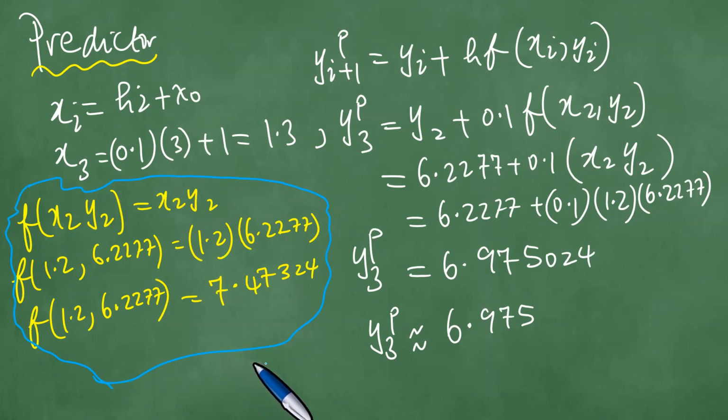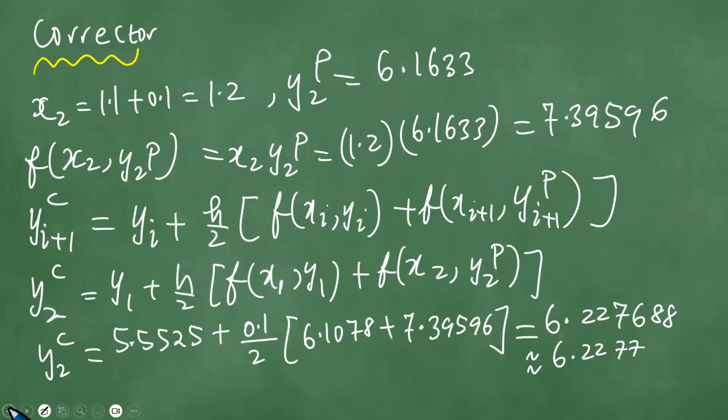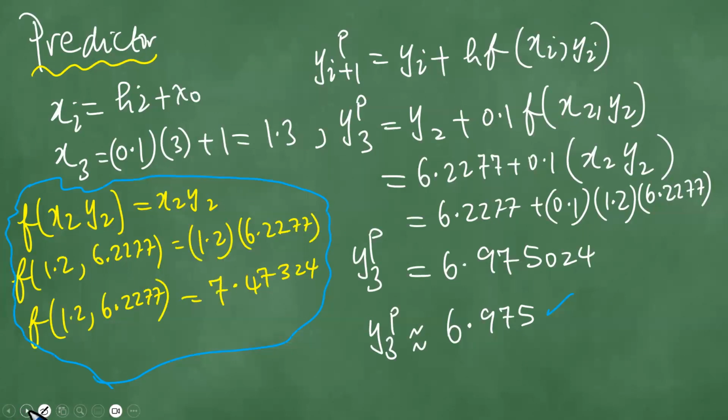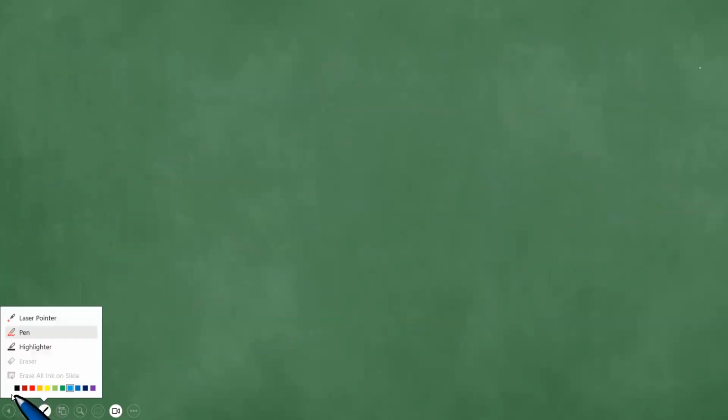Okay, we are done with the predictor, and then we must do the corrector for x3. So the next thing we're doing now is the corrector.